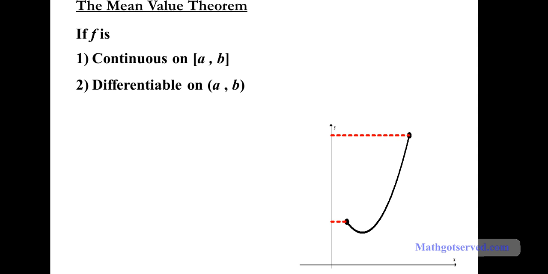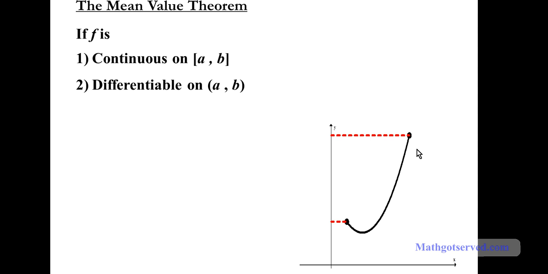Then the second condition is differentiability. Secondly, f is differentiable on the open interval (a, b). Notice endpoint differentiability is not included in the initial conditions of the mean value theorem.